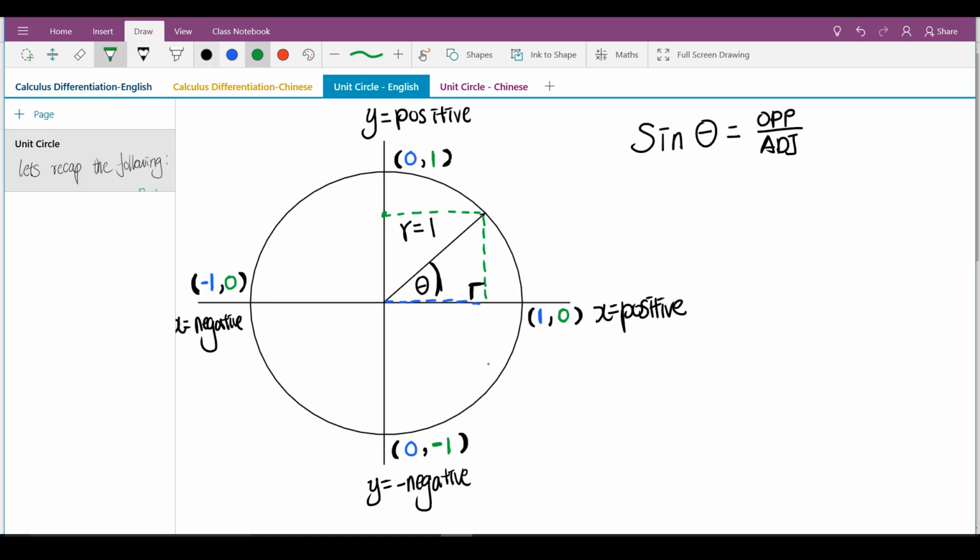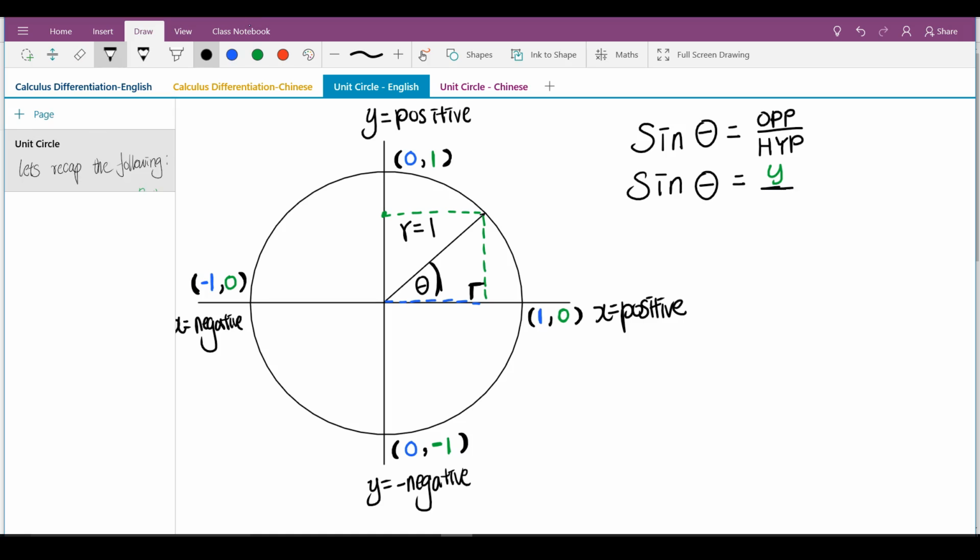So we know that sine theta is equal to opposite. Oh, sorry, not opposite over adjacent here. Oh my god, embarrassing. Opposite over hypotenuse. My bad. All right, so that actually becomes y over hypotenuse.